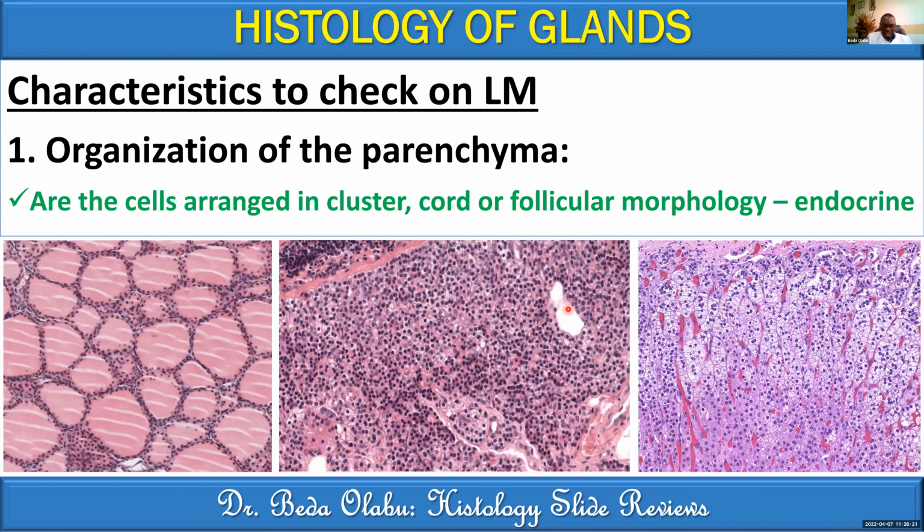You can see the cell types: adipocyte, oxyphil cells, clear cells, and principal cells. Okay, the last one. Let me call that question 5. Which endocrine gland is that one? Question 5, the last image.